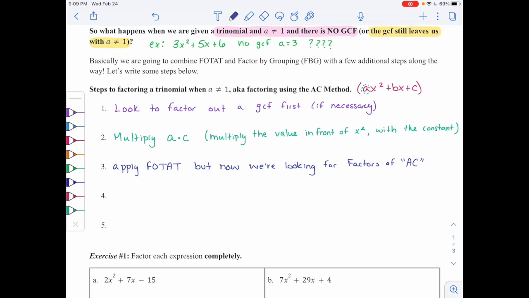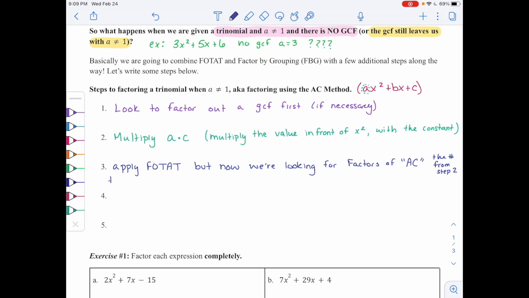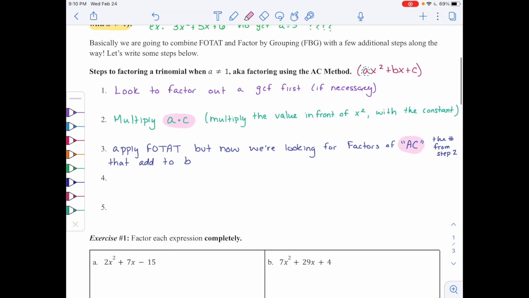So that number you got in step 2. So factors of AC, and then we still want those factors to add to B. So really the only new part here is that I'm thinking of factors of AC instead of just C.